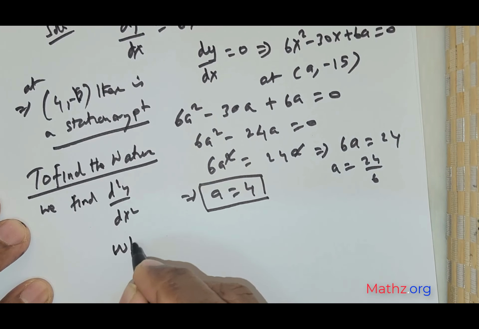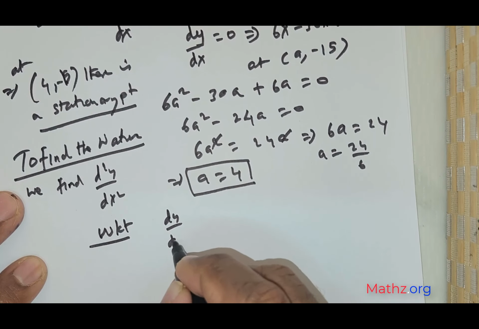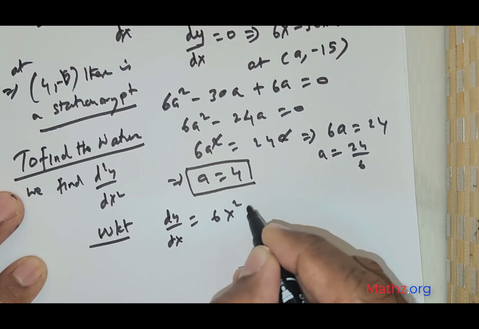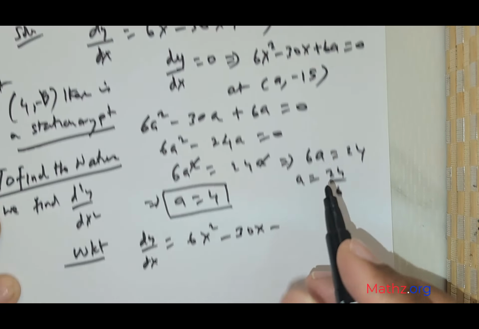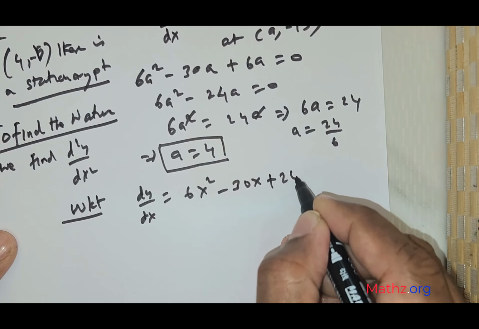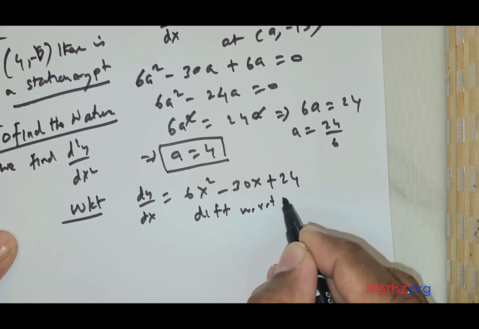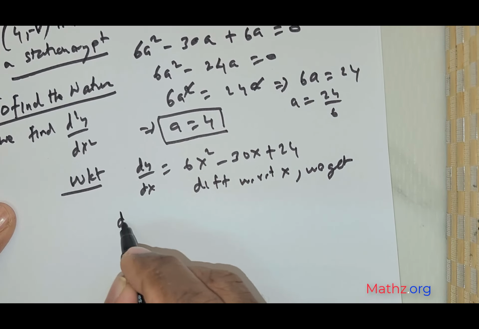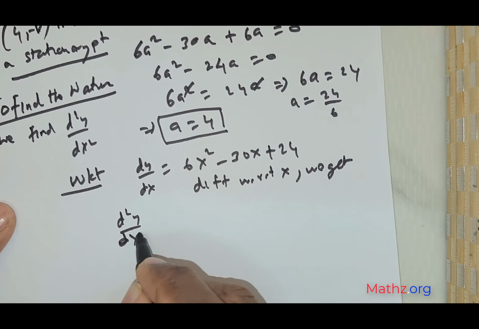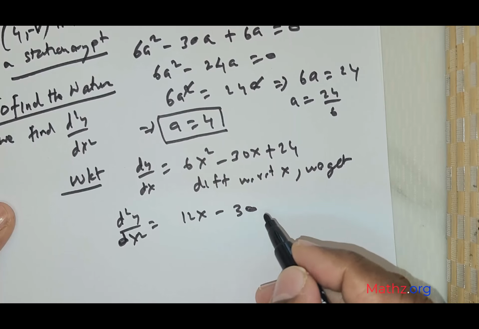We know that dy/dx is 6x² − 30x, and in place of a, I substitute 4, that's 24. Differentiating with respect to x, d²y/dx² = 12x − 30.